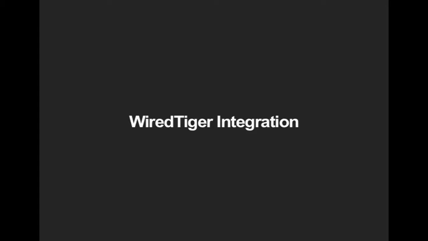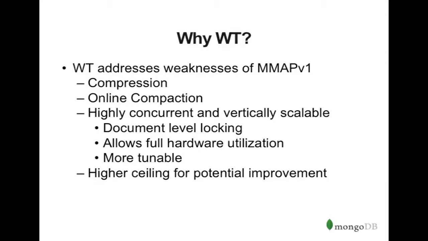So before I get into the WiredTiger details, I want to talk a little bit about the product itself. So why did we make the decision to go with WiredTiger as our very first officially supported storage engine with this new storage engine API? Well, WiredTiger was a great fit in that it addressed many of the weaknesses of mmap v1. So some of the weaknesses were mmap v1 did not store data compressed, so therefore it did not utilize disk space as efficiently as possible.